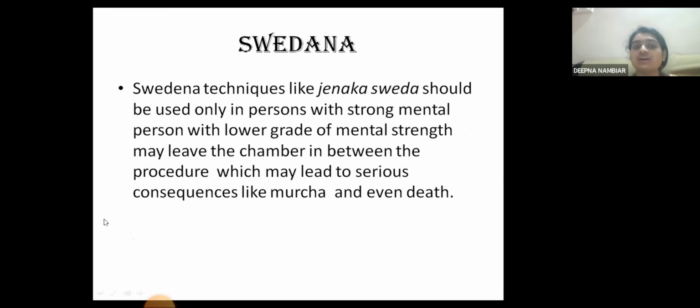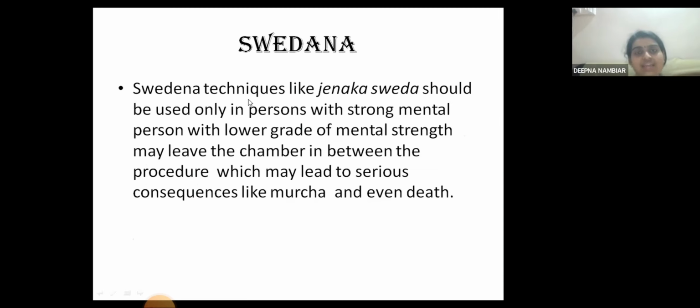If you go for Swedana procedures like Jentaka Sweda, it is clearly explained that the patient has to be physically cooperative and strong, and mentally strong, to undergo the procedure. Otherwise, if he fails, he cannot come out of the murcha, and maranam is the next thing he may face.